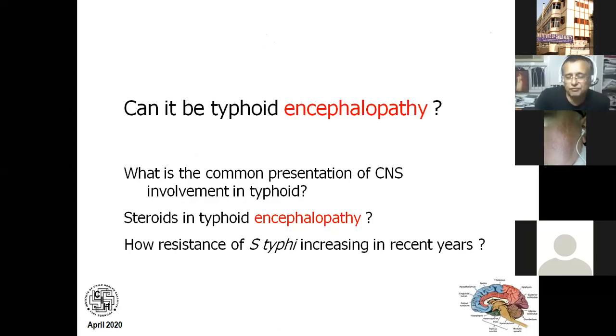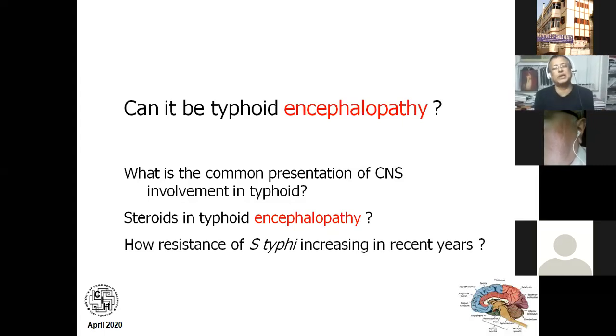A state of confusional toxicity or confusional delirium developing in the 3rd week of typhoid fever, known as coma vigil, is a memorial of the pre-antibiotic era. Those who developed coma vigil, the outcome was invariably fatal.